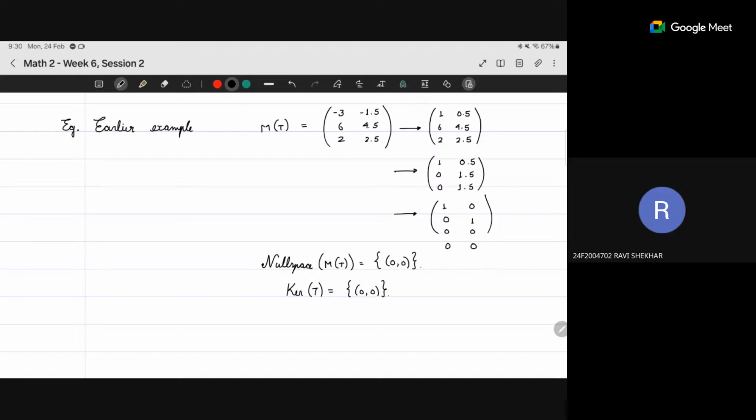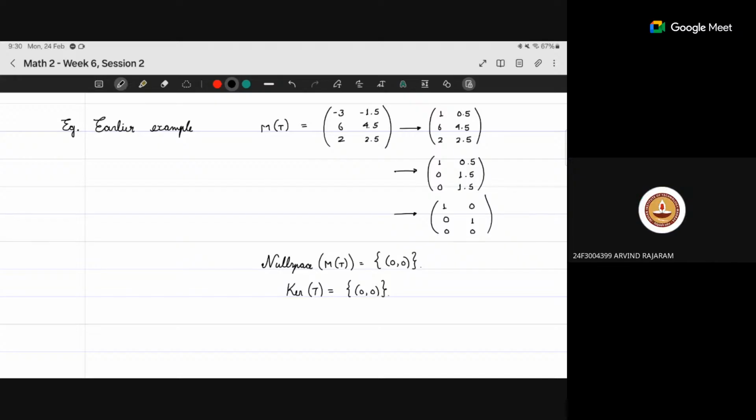You'll be multiplying it with a 2 cross 1 vector, (x, y). The first row will give you x equal to 0, the second row will give you y equal to 0, and everything else is irrelevant. Is that clear?